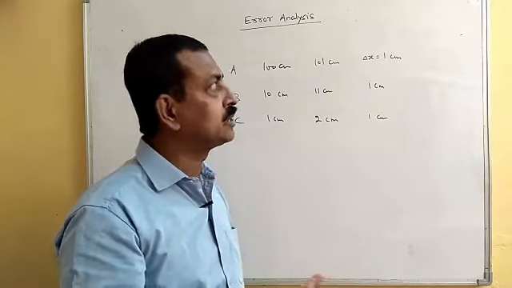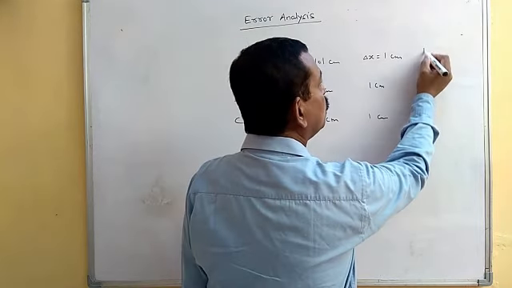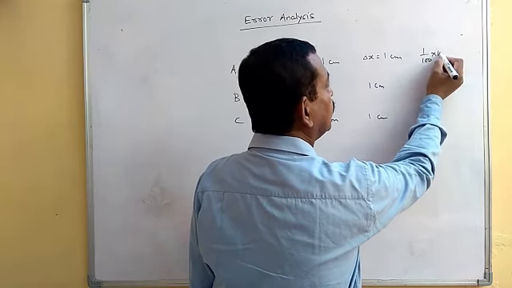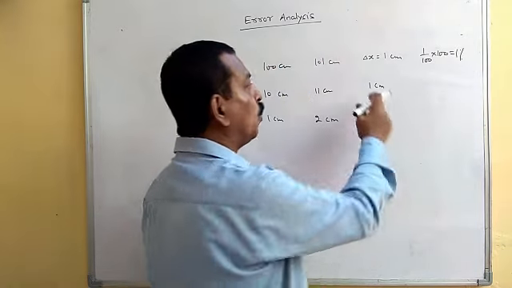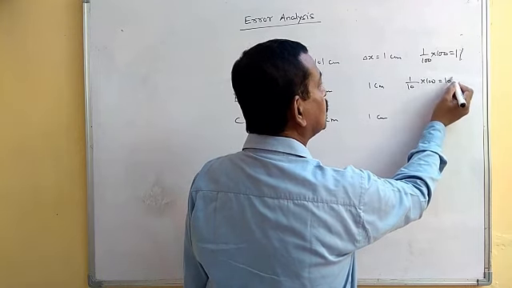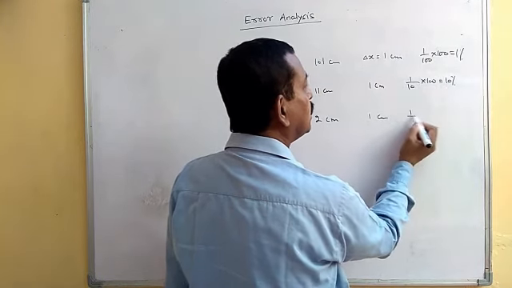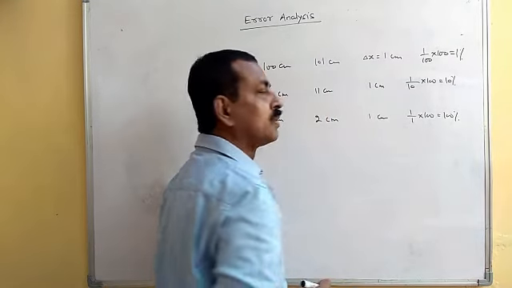But now if you take the relative error or percentage error, this will give you 1 by 100 into 100, that means it is 1%. Whereas in this case it is 1 by 10 into 100, that means it is 10%. Here it is 1 by 1 into 100, that is 100%.